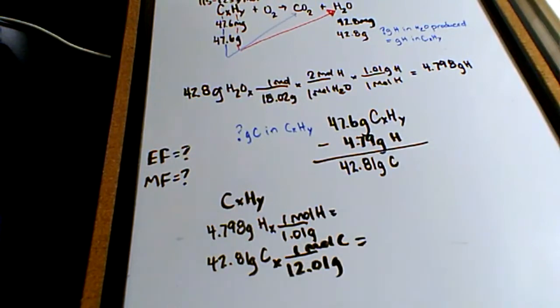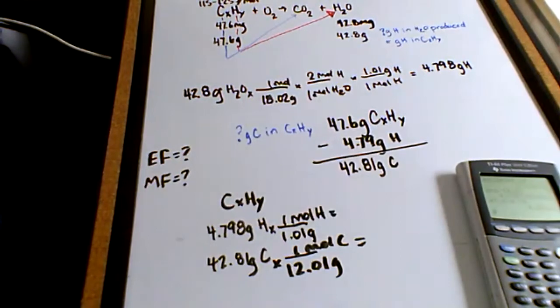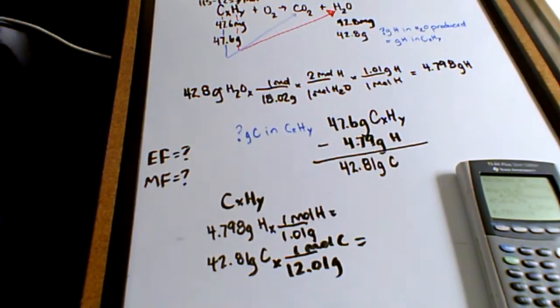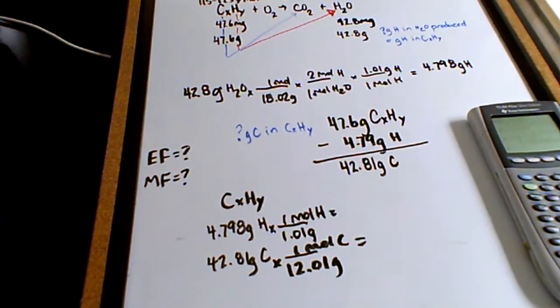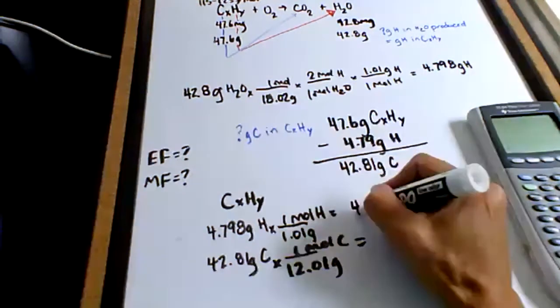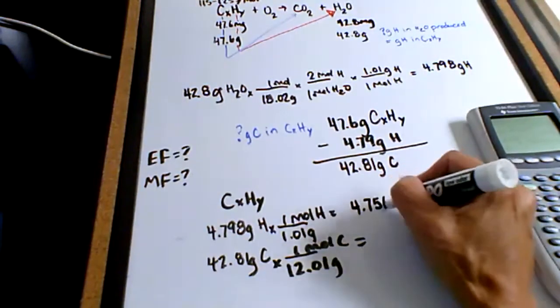Okay, well, 4.798. Some of you might be thinking, why doesn't she just write down 4.798 instead of divided by 1.01, which is 4.75? And that's because mistakes can be made all over.